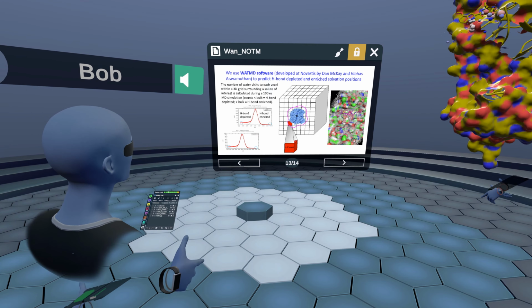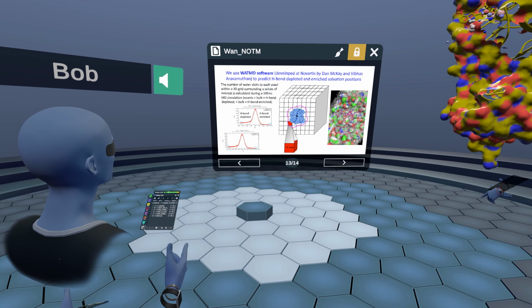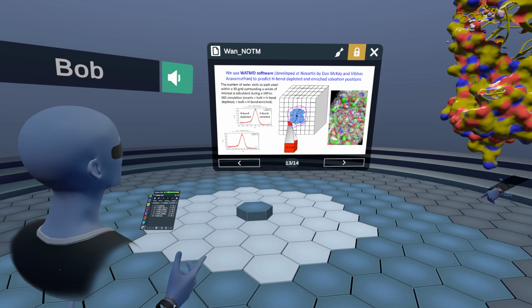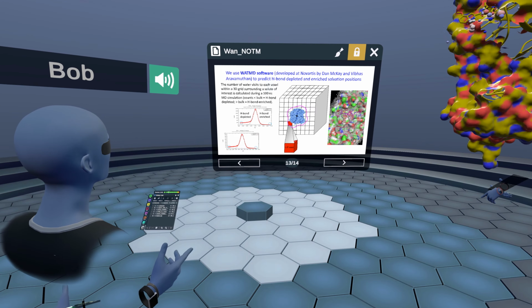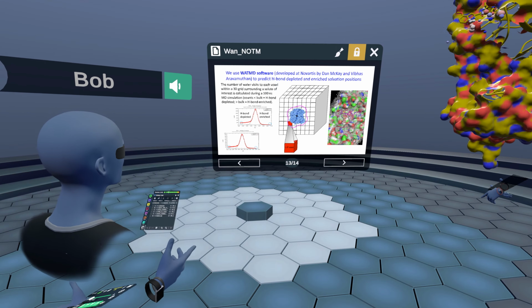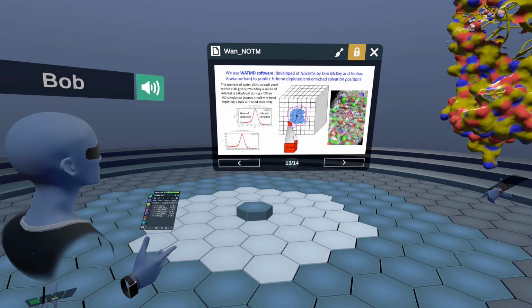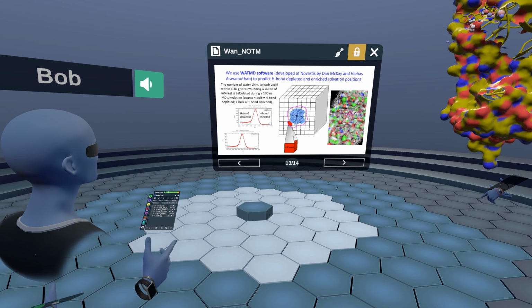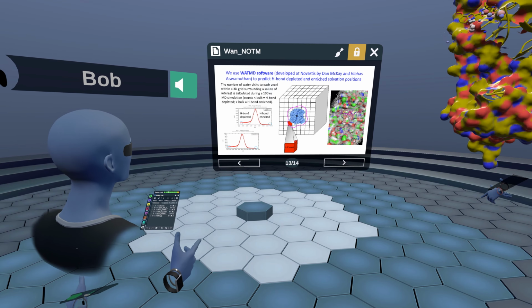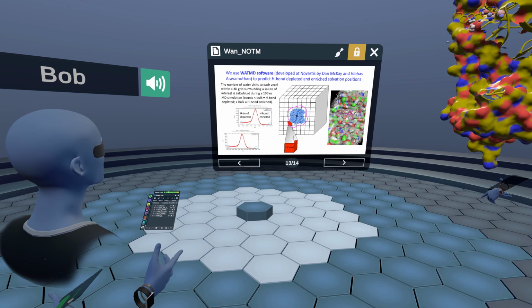So our technology for mapping the solvation field is called watMD. It's software that was written by Dan McKay and Vivas Aravimathan when they were at Novartis. Again, this is predicting hydrogen bond enriched and depleted positions around a lattice, which you can see is idealized here. The protein sits in essentially a box filled with water.